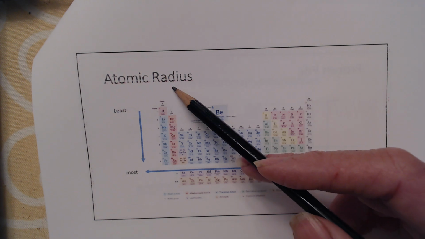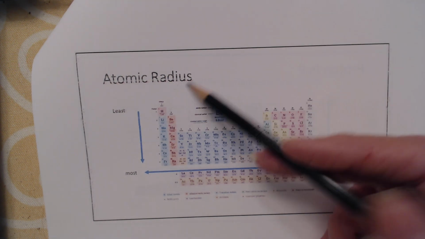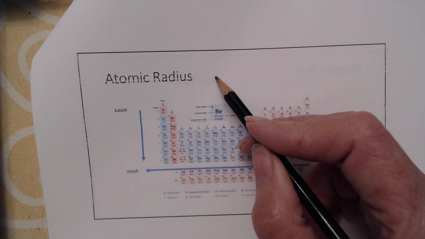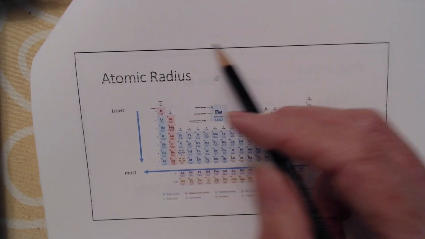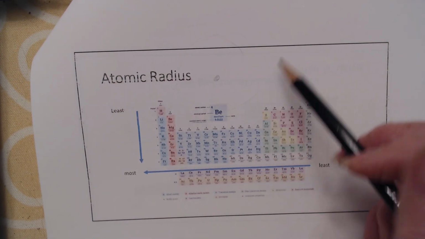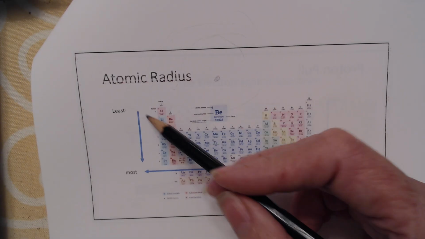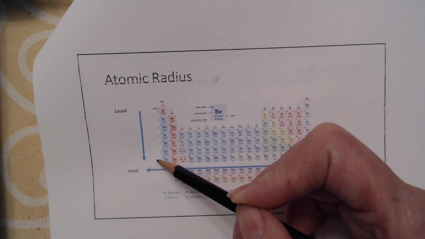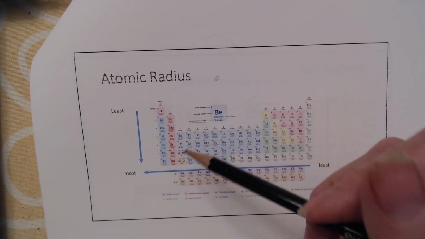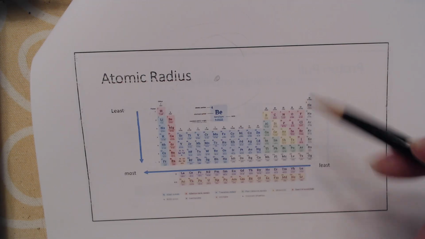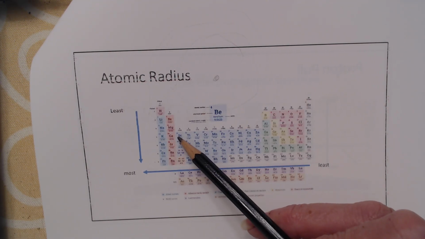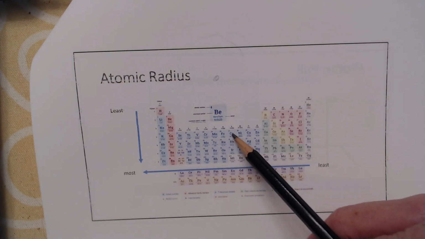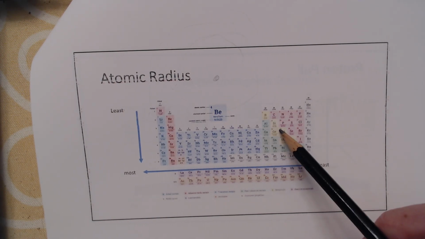And remember that when I talk about atomic radius, I'm not talking about the radius of only the nucleus. I'm talking about the nucleus and then all of the electron shells that are around it. Okay, so this makes a lot of sense, doesn't it? What doesn't make any sense at all when you first look at it is why, if I'm adding protons as we go across, I can tell that by the atomic number, right?